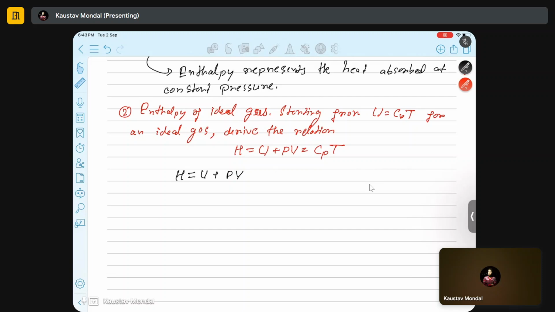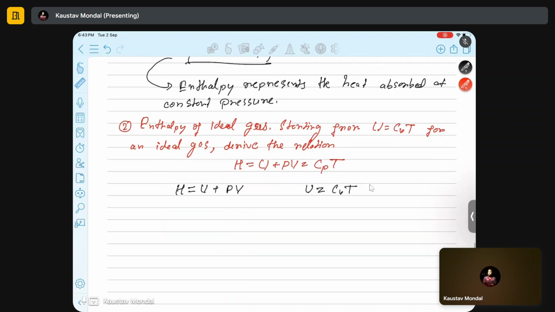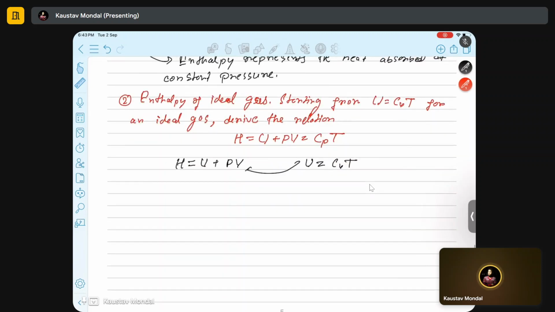Now here the expression of U is already given, that is U equal to CV into T. Now if you substitute it here, H will now become CV into T plus PV. Now given the fact that this system is an ideal gas system, we can use the properties of the ideal gas, right? So for an ideal gas, we know PV equal to nRT.